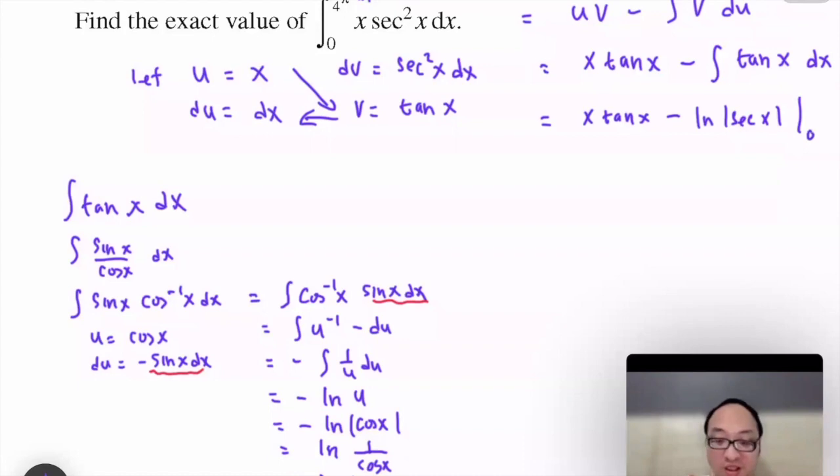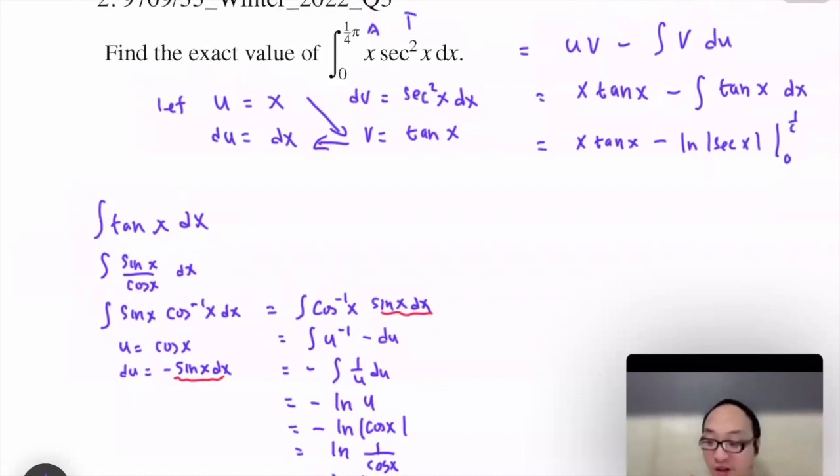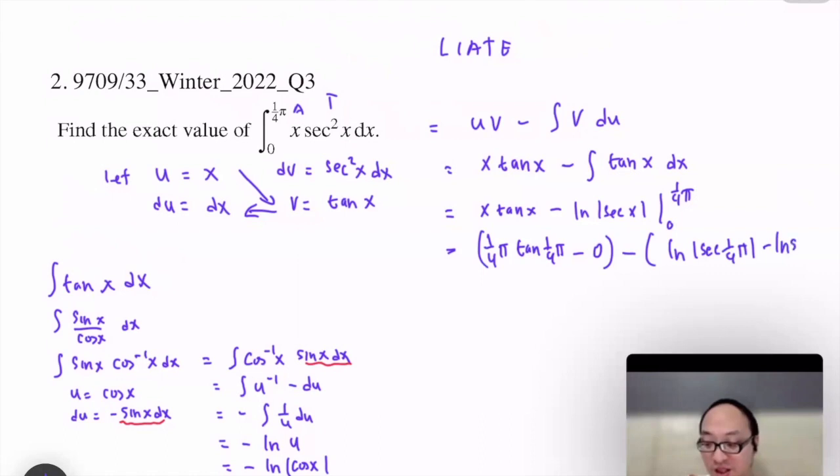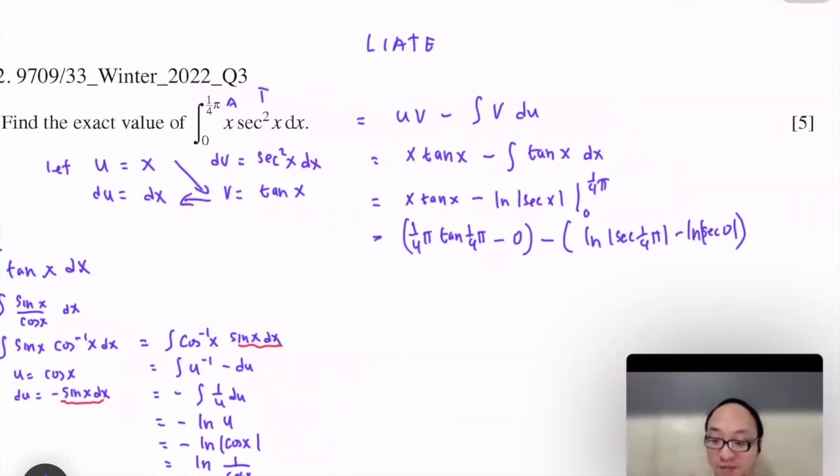Put in the boundaries 0 and pi over 4. So this equals: replace with pi over 4, pi over 4 times tangent pi over 4 minus 0, minus the second term, ln secant pi over 4 minus ln secant 0. Then we calculate.